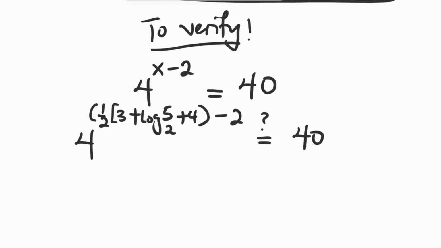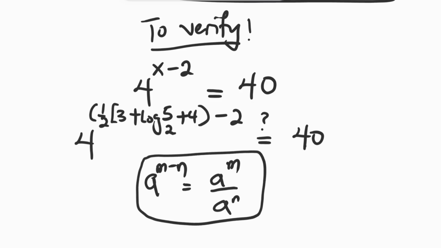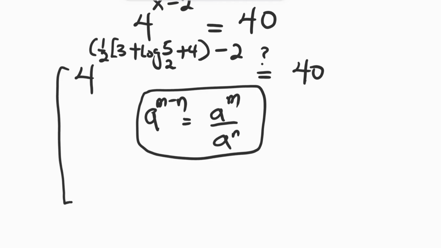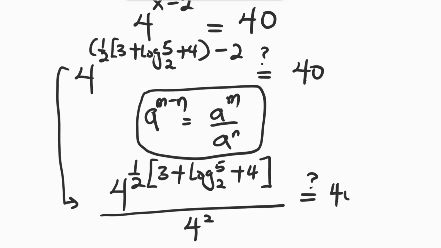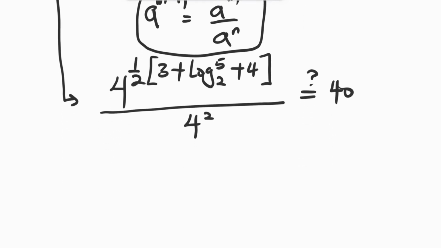Now, from the law of indices, as stated earlier, we know that a raised to power m minus n is equal to a raised to power m over a raised to power n. So our left-hand side now becomes 4 raised to power half into 3 plus log of 5 base 2 plus 4, all divided by 4 squared. Now, 4 here we can rewrite as 2 raised to power 2.